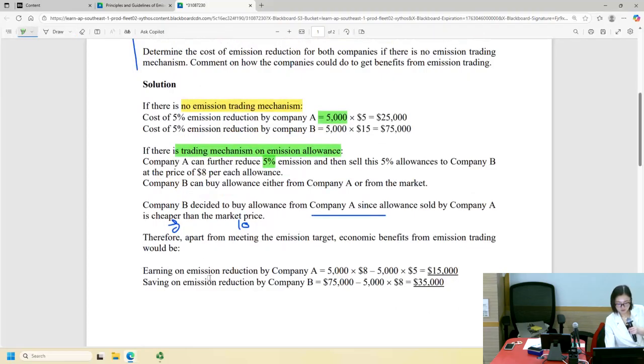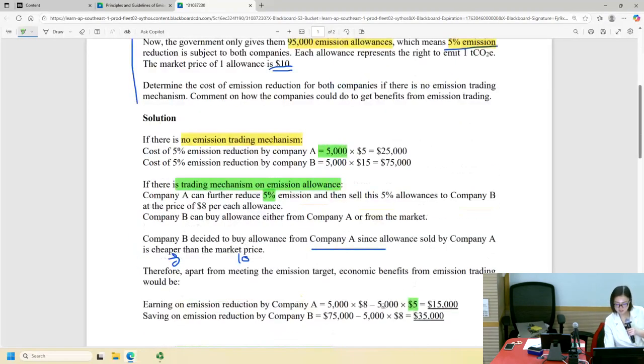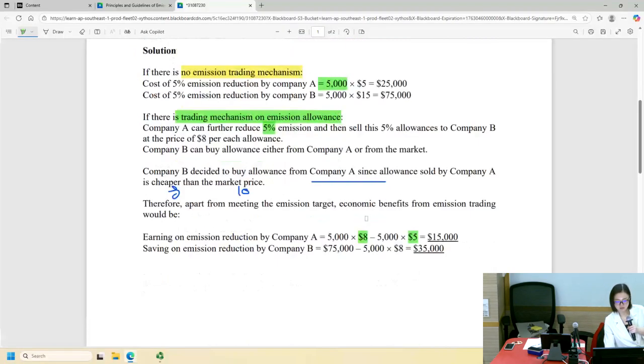Okay, so earning on emissions reduction by company A would be 15,000. So they spend $5 for reducing their emissions. Okay, $5 for reducing 5,000, and then sell these 5,000 allowance to company B at a charge of $8. So they can earn this amount. This is the amount of money that can be earned by company A when there is ETS.